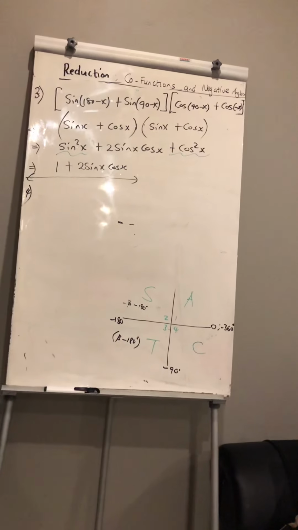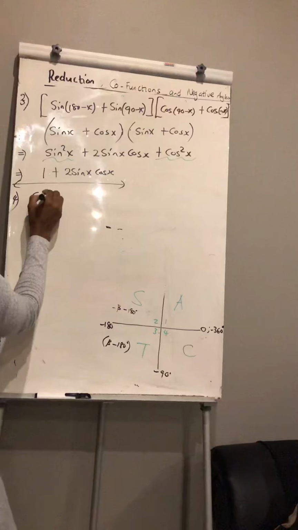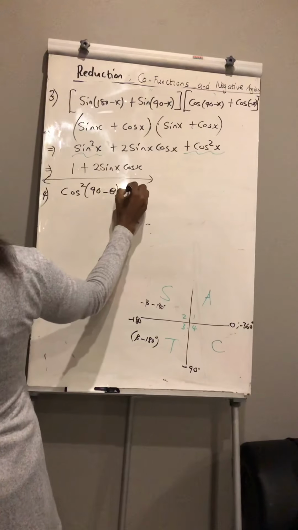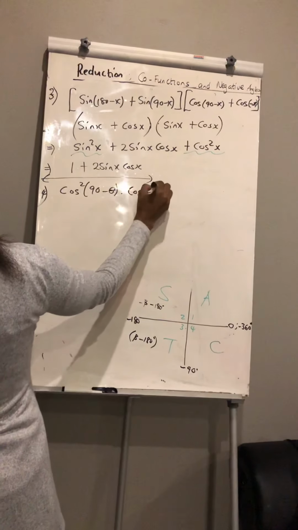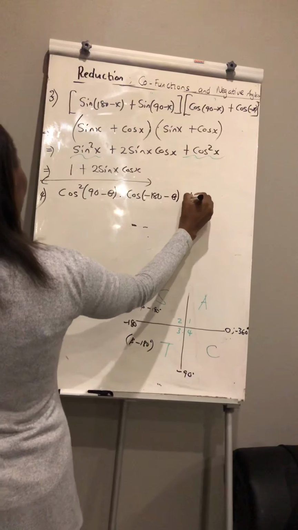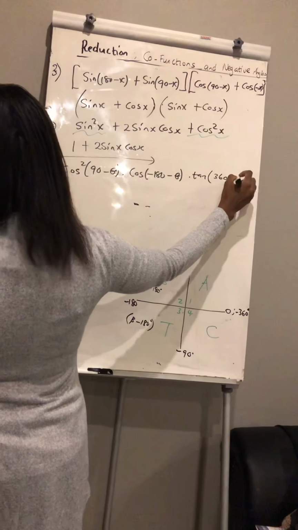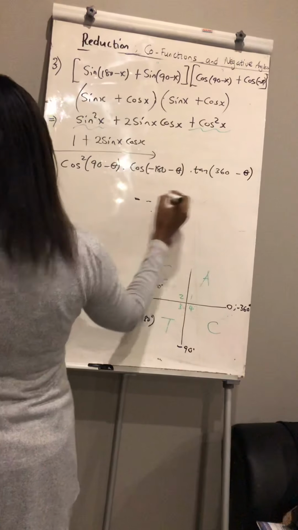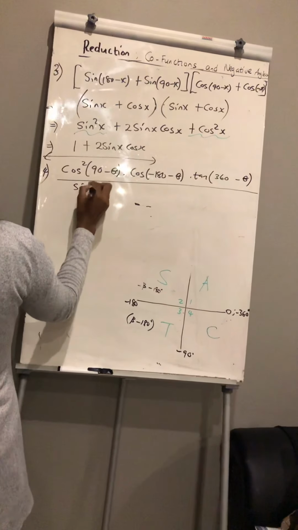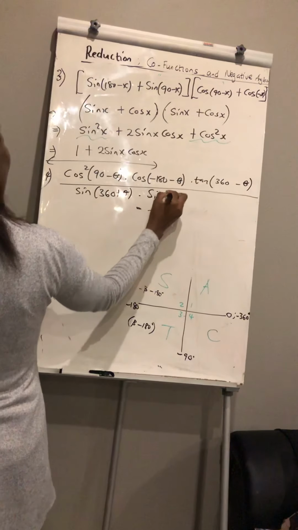Let's have another one. Let's keep going. I want you to get used to your core ratios as well as other things. So this will help you a lot. Let me put the sum now. The sum here: sine(360 + theta), let's put it there, sine of negative theta.